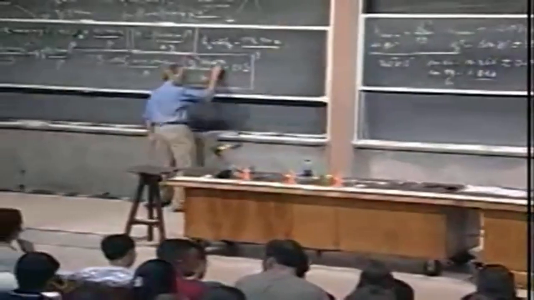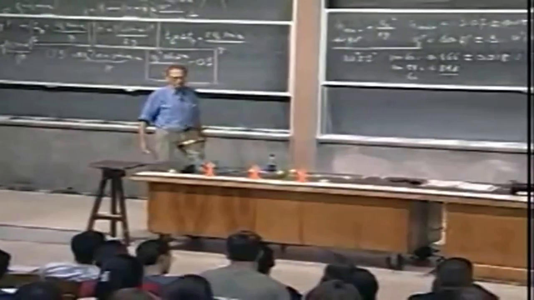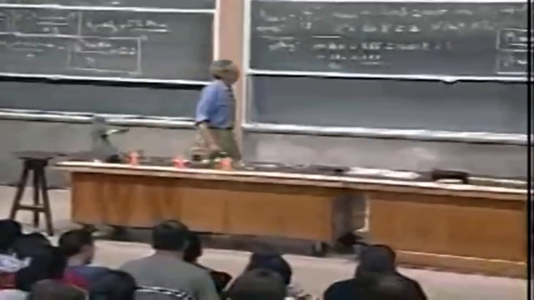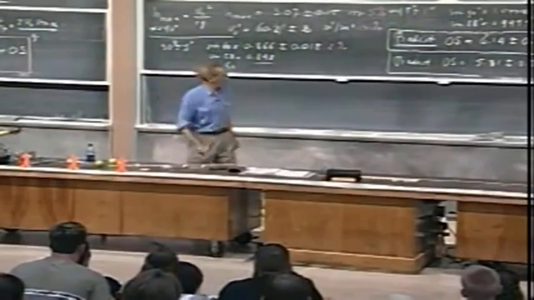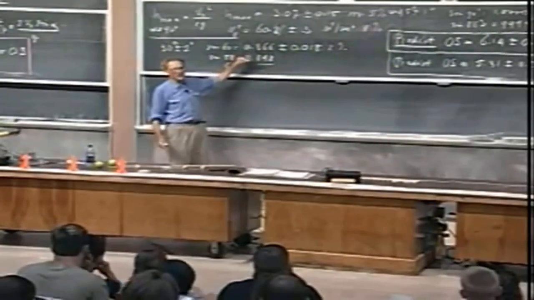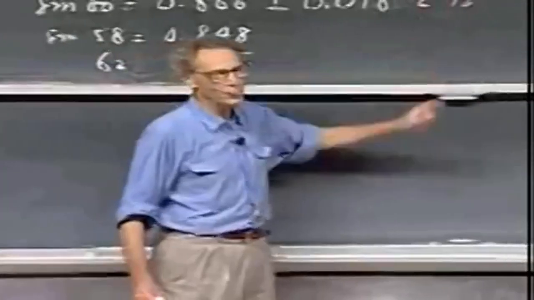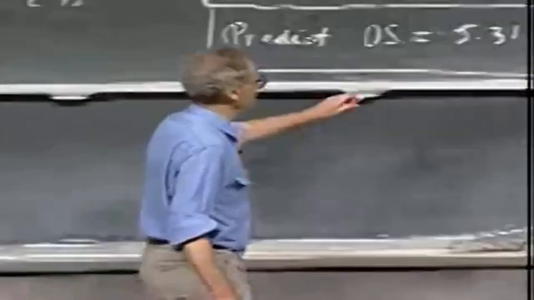You have 2 alpha here. The sine of 60 is the same as the sine of 120. If you allow for an uncertainty of 1 degree on either side, you will find exactly these same numbers because of the symmetry of the sine curve. So again, you're off by 2%. No difference. And so this prediction is unchanged.